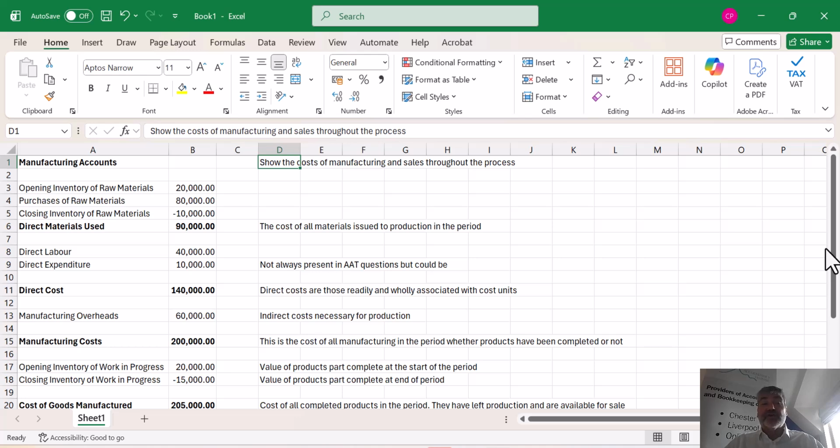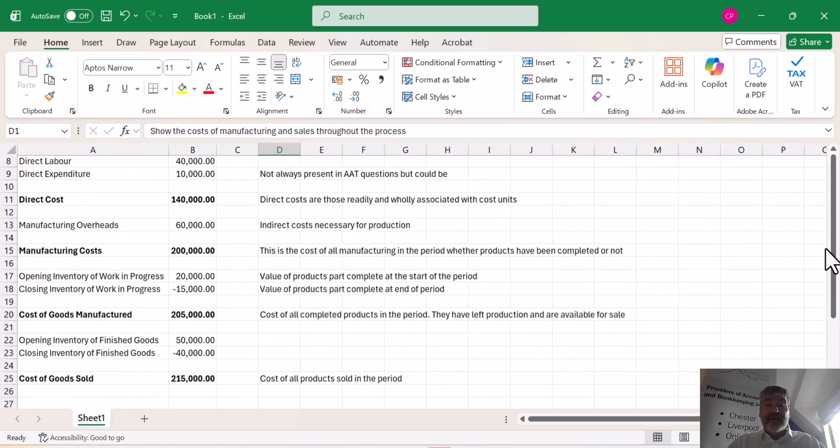That gives us the cost of direct materials issued and used by production. Add what we call the conversion costs, direct labor cost, and direct expenditure, and we get the total direct costs of production or manufacturing, same thing, for the period. Add to that the manufacturing overhead costs, and we have the total costs of manufacturing for the entire period.